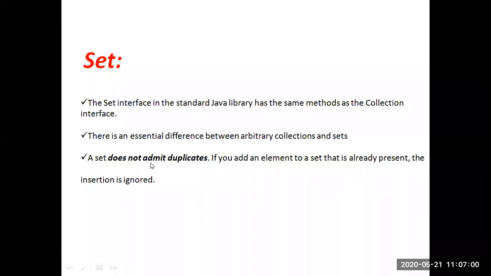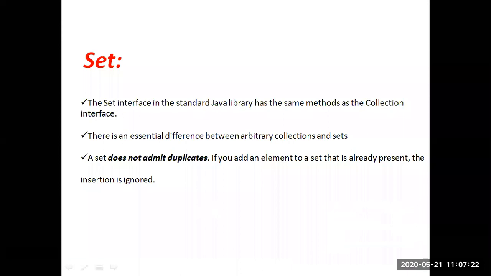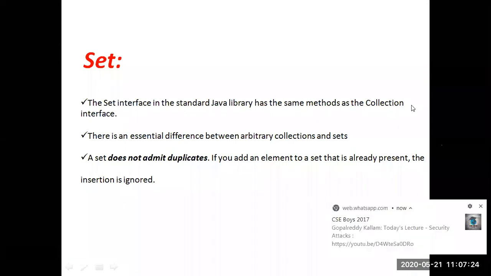In stack we can add duplicate values. In queue we can add duplicate values. In linked list we can add duplicate values. But when we come to the set, we can insert only different values. We can't insert duplicate values into the set. That is the only point we have to remember.